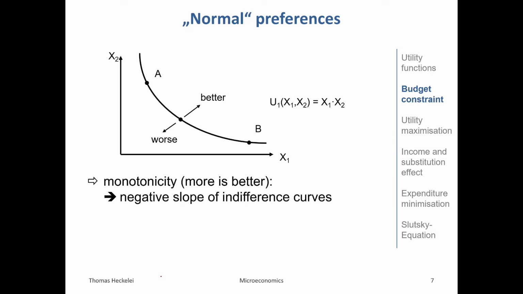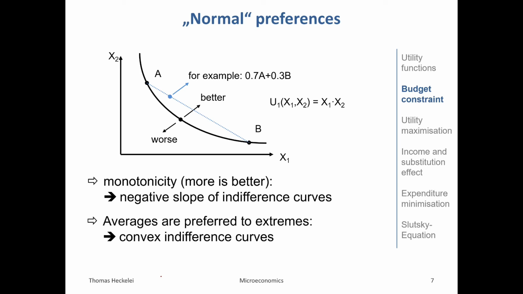The second one basically says that if you have some combination or average between the two goods, you always end up better than in the extreme case when you have too much of one good but too little of the other. So that implies convex indifference curves. We'll see.